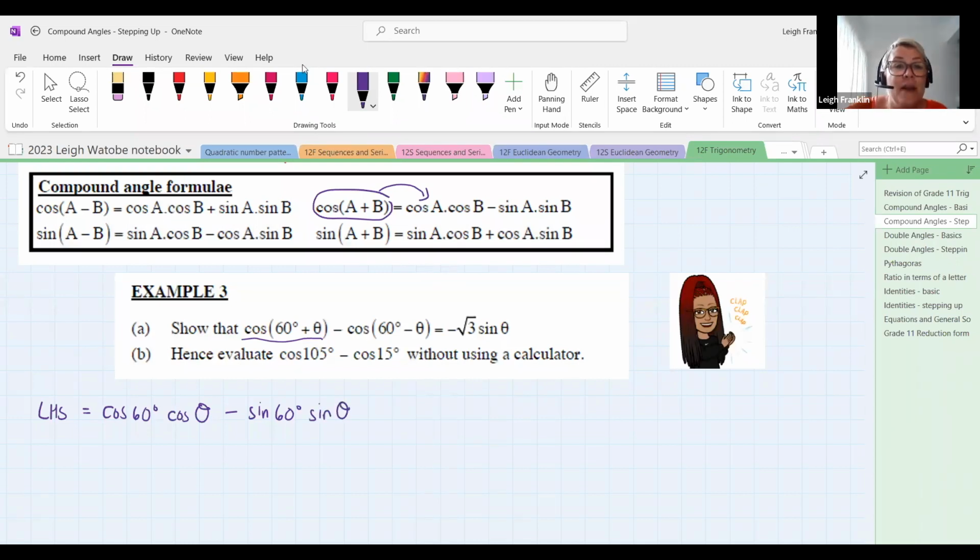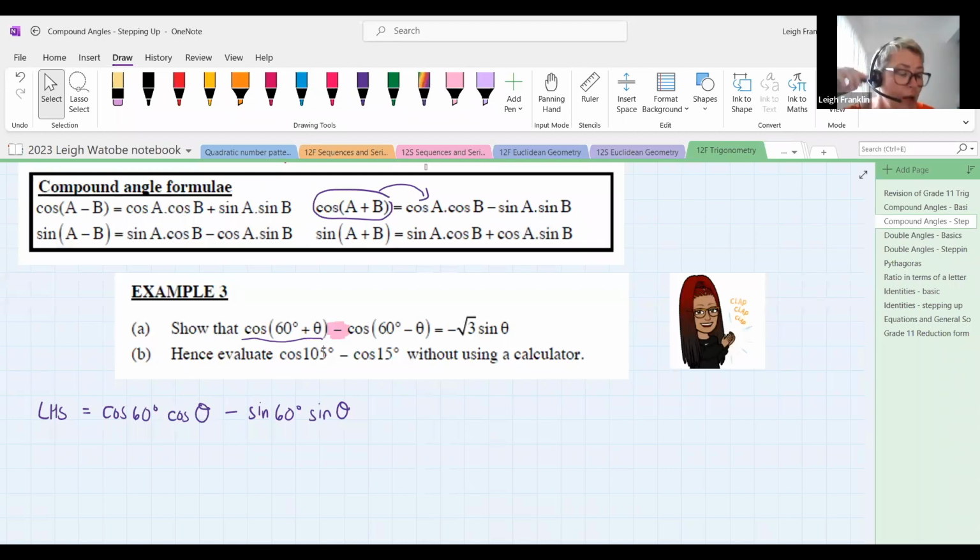Now, the other thing I need to be super careful of is the minus sign in the middle. Remember, when using compound angle formulae and doing an expansion, something that's one term becomes two terms. The reason I'm emphasizing this is that when we have a minus in front of something and there's more than one term, we need to remember to change the signs.